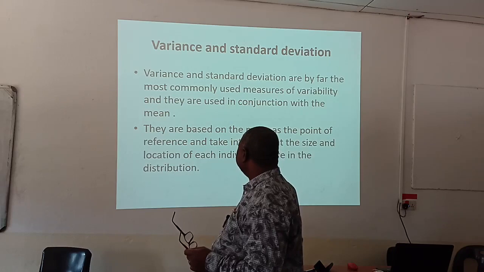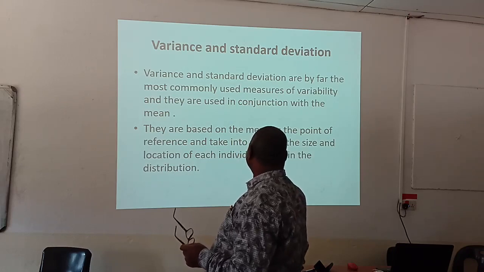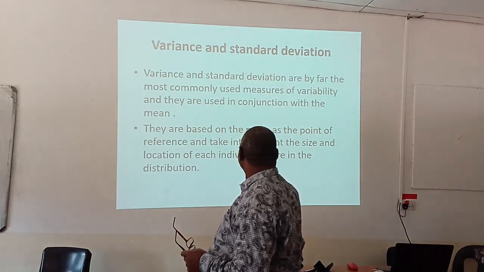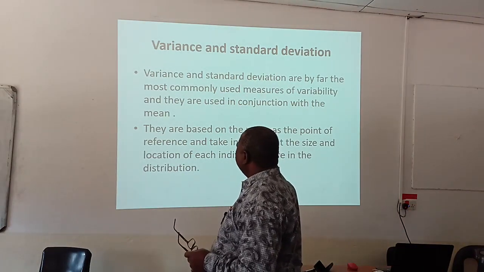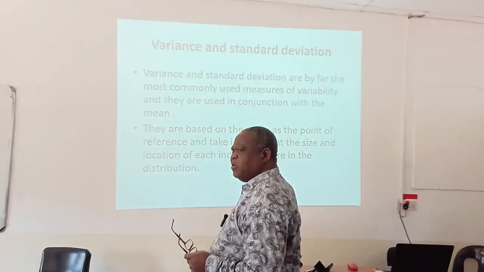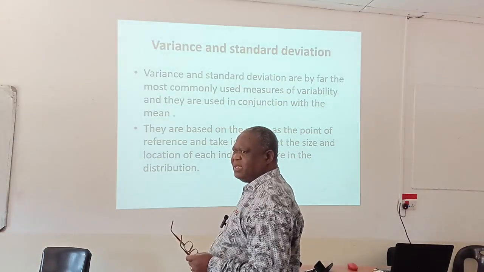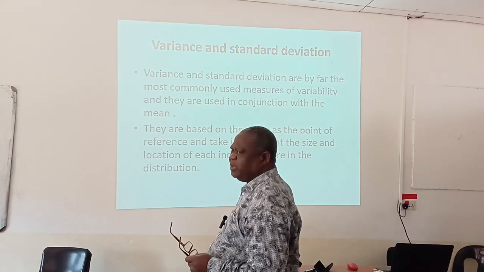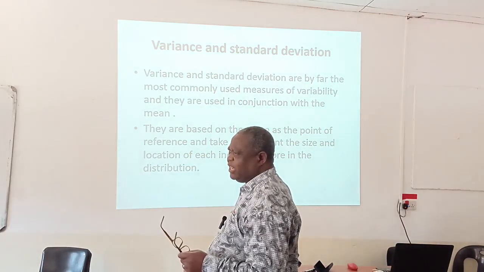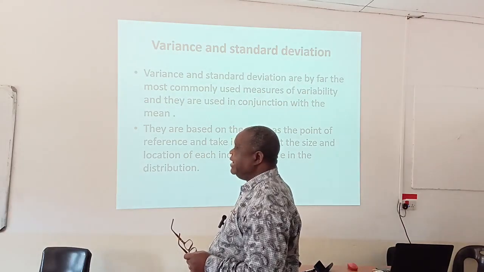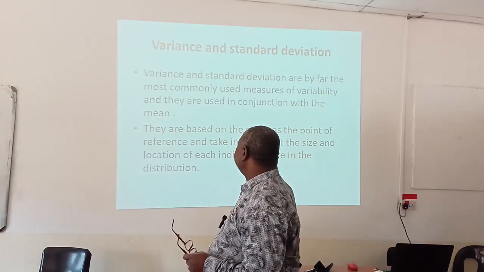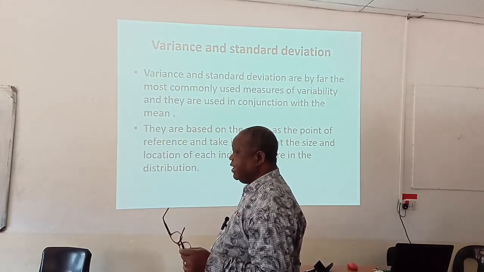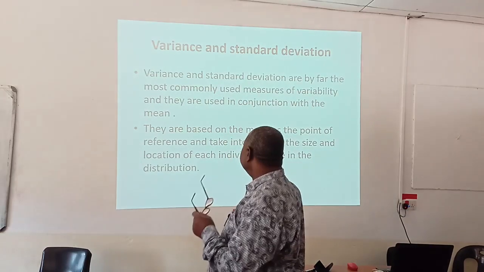The standard deviation is the square root of the variance. So that's why I put them together like that. In most statistical analysis, you will not find people talking about the quarter deviation. The range, yes, once in a while they talk about the range, but the most frequently used measure of variability is the standard deviation.